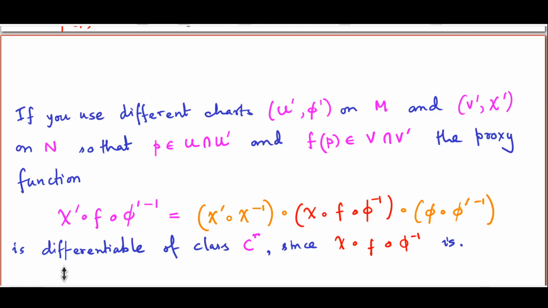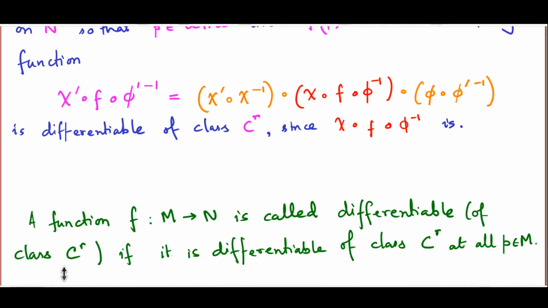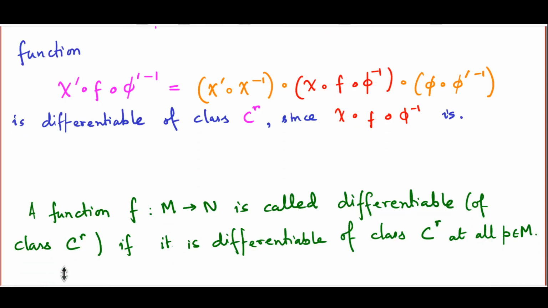Note that in the definition above, we have talked about differentiability of the function f at a point P. Of course, the extension to a function f from M to N being called differentiable of class C^R is simple. A function f from M to N is called differentiable of class C^R if it is differentiable of class C^R at all points P belonging to M.